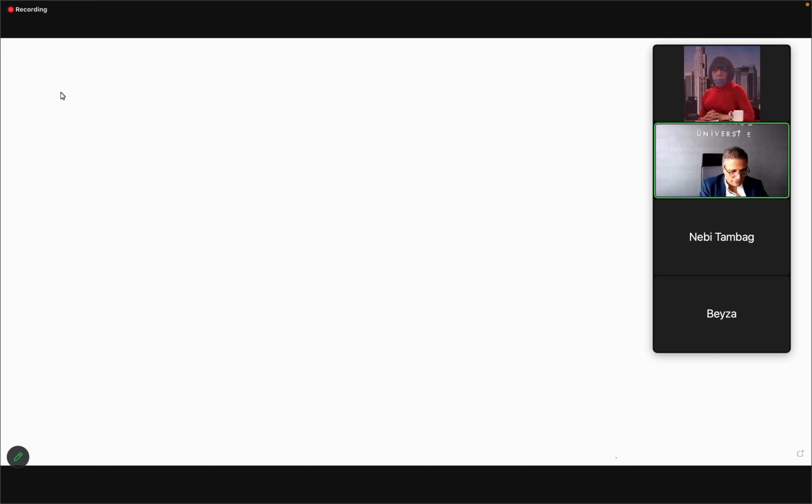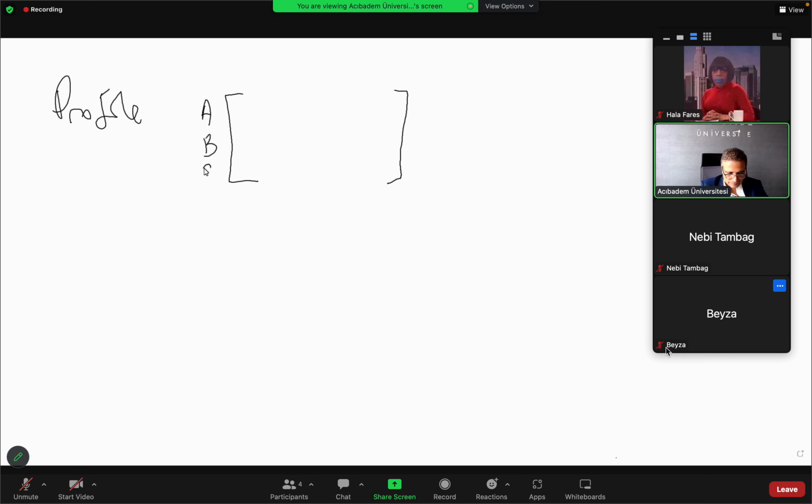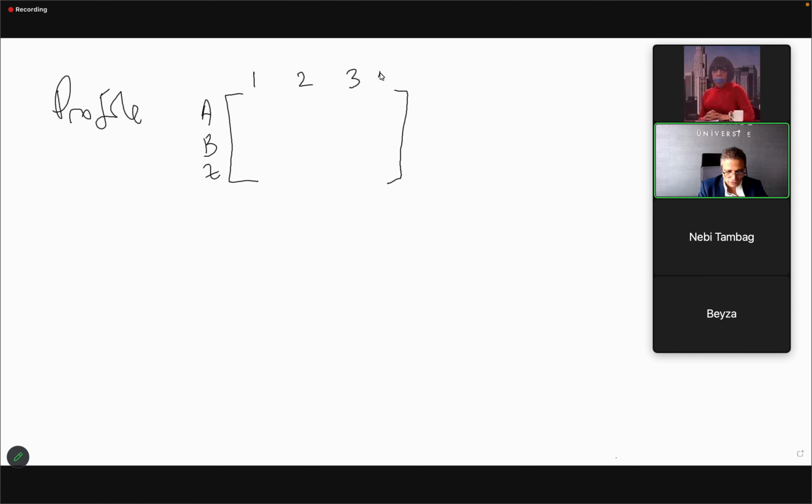Okay, profile matrices. As you know, you have the multiple alignment. From the multiple alignment, we can determine the score for each type of amino acid. Let's say these are the amino acids: position 1, position 2, position 3, position 4. What kind of information can you deduce from this? Let's say these are the scores.